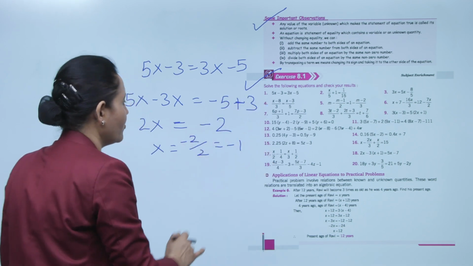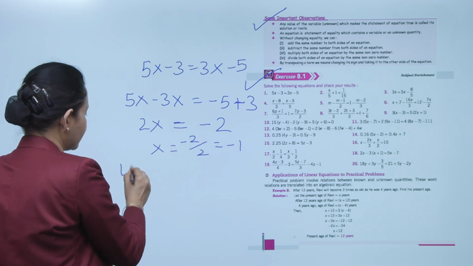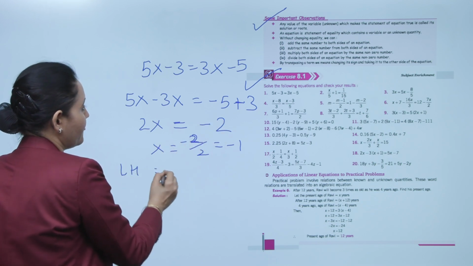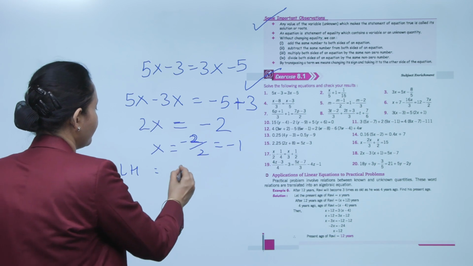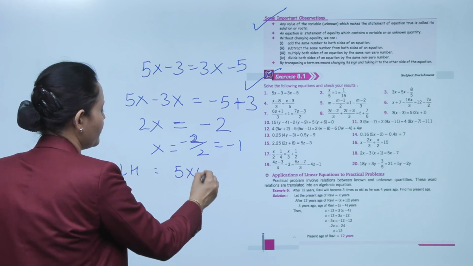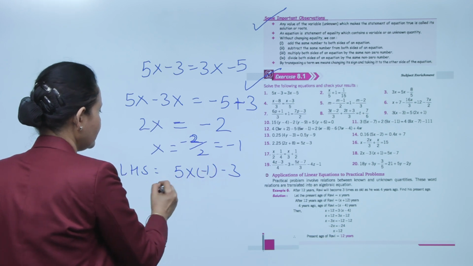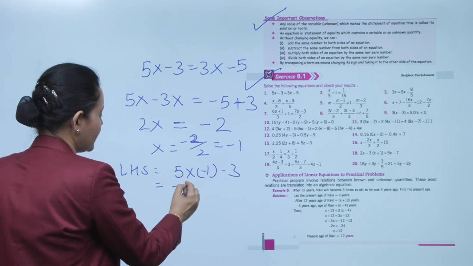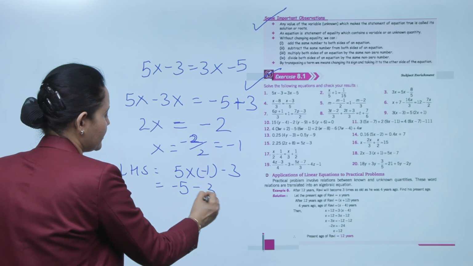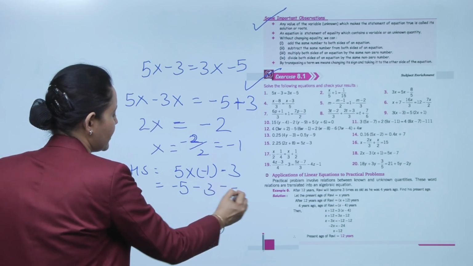Now we'll put the value. Suppose LHS: 5x means 5 into minus 1 minus 3, that is minus 5 minus 3, minus 8.